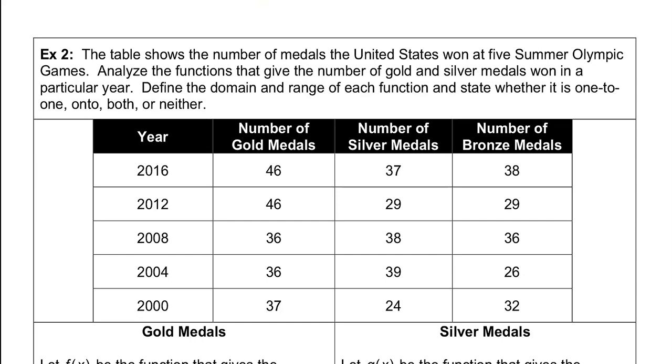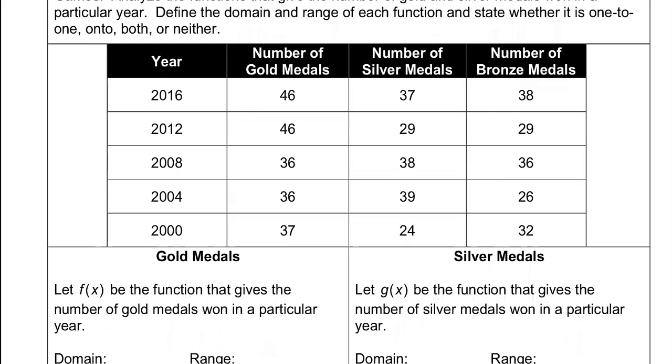The table shows the number of medals the United States won at 5 Summer Olympic Games. Analyze the functions that give the number of gold and silver medals won in a particular year. Define the domain and range of each function and state whether it is one-to-one, onto, both, or neither. So we'll go through and we'll do it together.